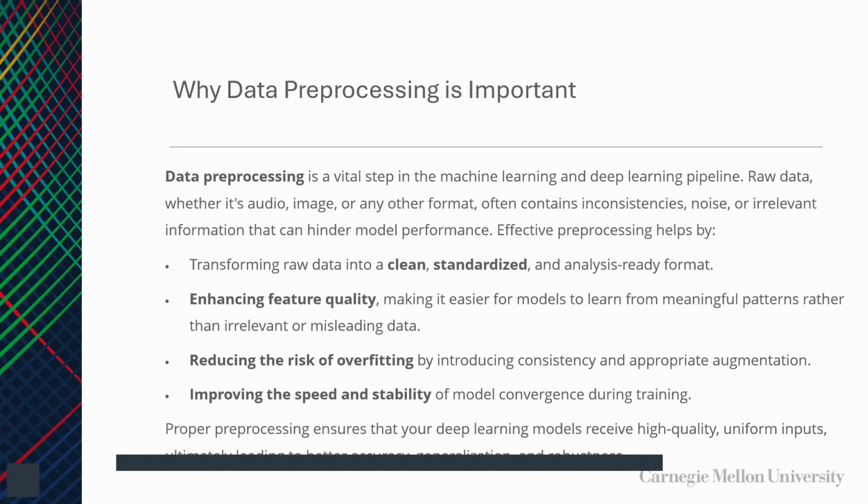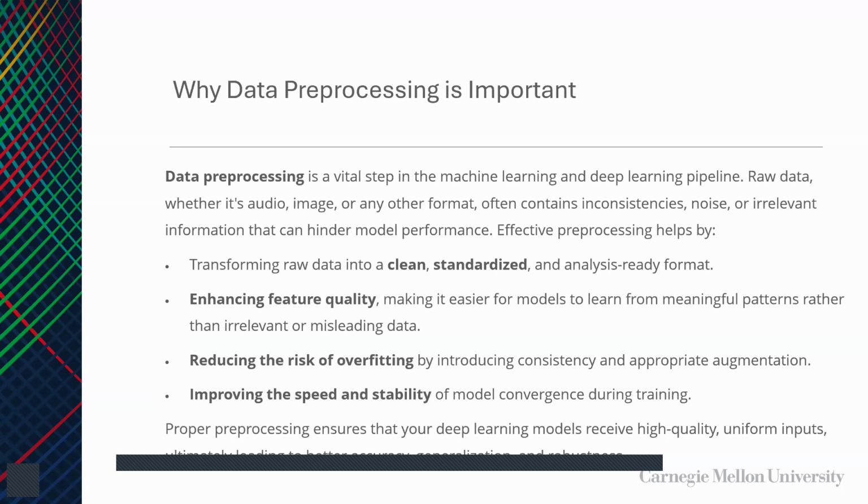Data preprocessing is considered one of the important steps in the machine learning pipeline. The raw data is usually noisy and inconsistent, and it has irrelevant information. Preprocessing helps us transform this raw data into a cleaner and more standardized format.